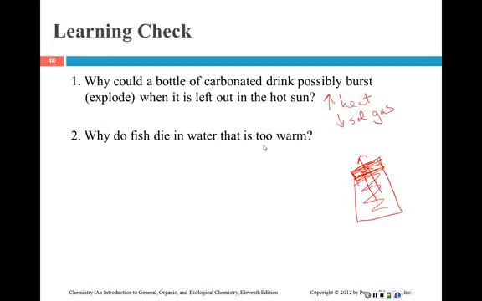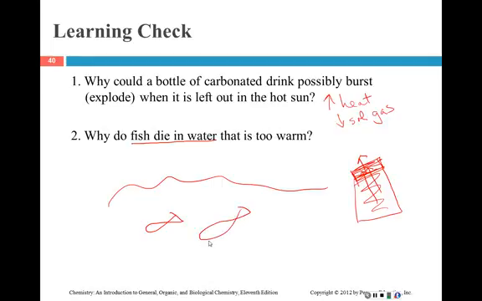Why do fish die in water that is too warm? This is a great question. Think about this for a minute and see if you can come up with something. Okay. What do fish need that they get out of water? Well, food, of course, and all that, but here's your water. You know, I'm not a very good artist, right?